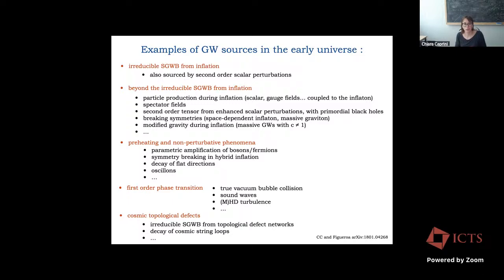But if it is first order, then one expects the nucleation of bubbles. We will see this in more detail. One can have gravitational wave production from bubble collision, from bulk fluid motion associated to the expansion and collision of the bubbles, and possibly from the generation of magnetohydrodynamic turbulence, also connected to the presence of the bubbles.